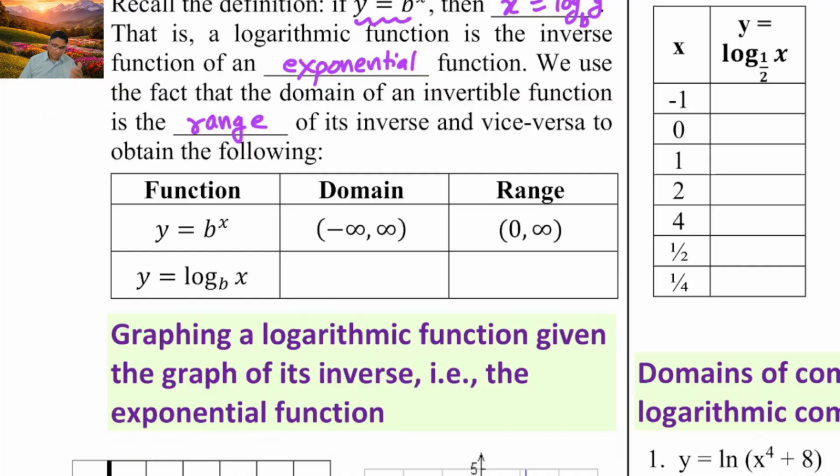We have studied the exponential function in detail before. So we know the domain of exponential function is negative infinity to infinity. That means the range of the logarithmic function should be negative infinity to infinity.